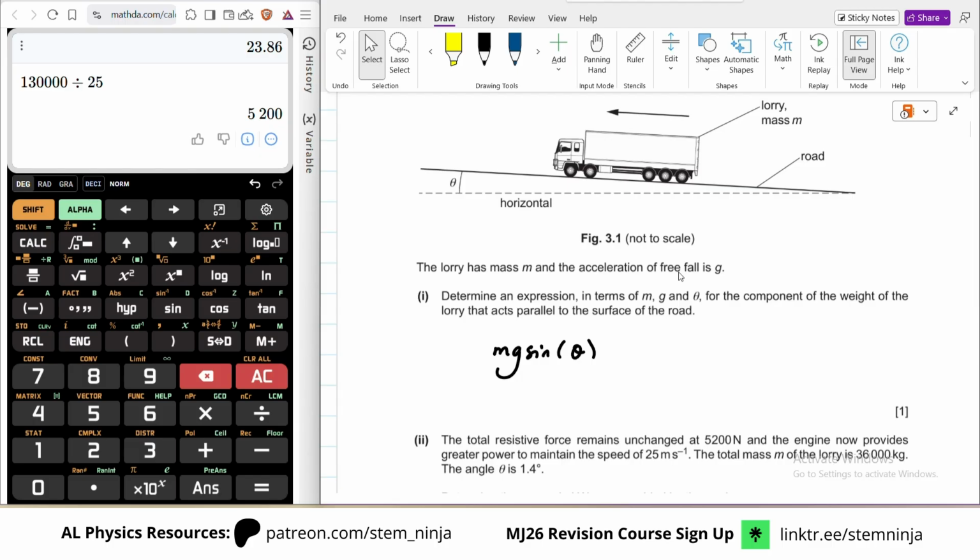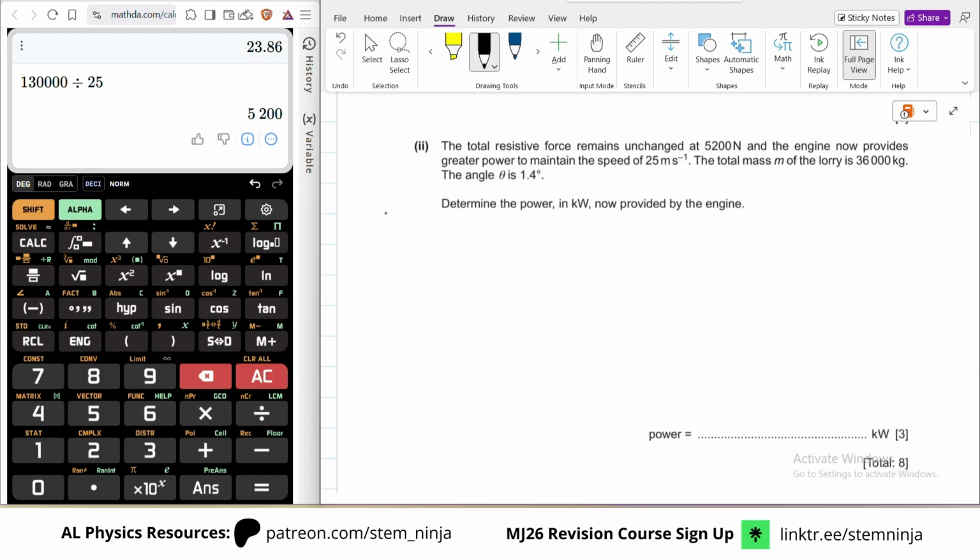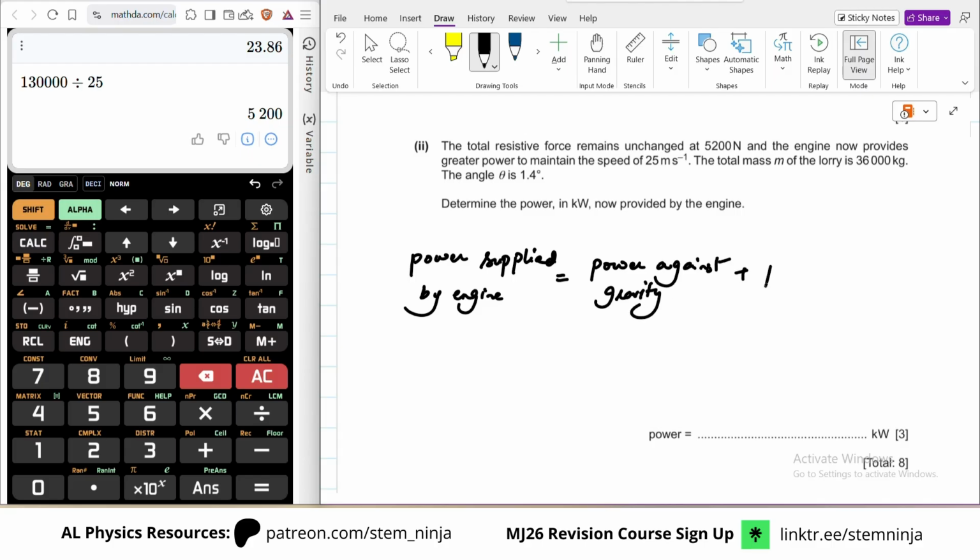So the power supplied by the engine is used against power against gravity plus power against resistive force.